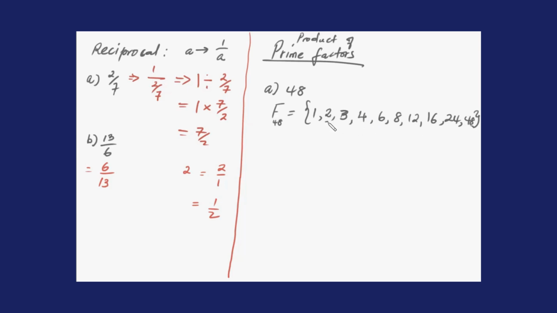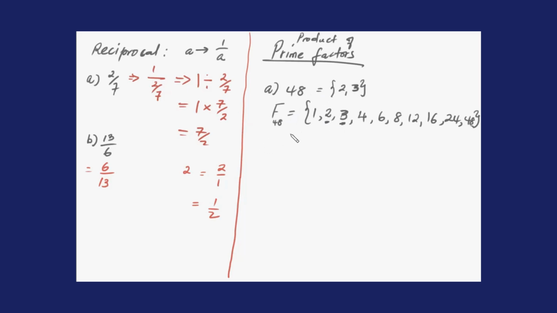It's this one and this one only. Those are the only prime numbers within these factors. So now, when we list the prime factors of 48, we would say there are 2, 3. Those are the prime factors of 48.